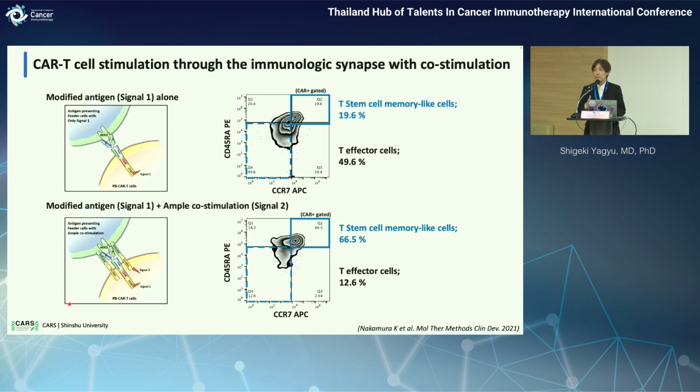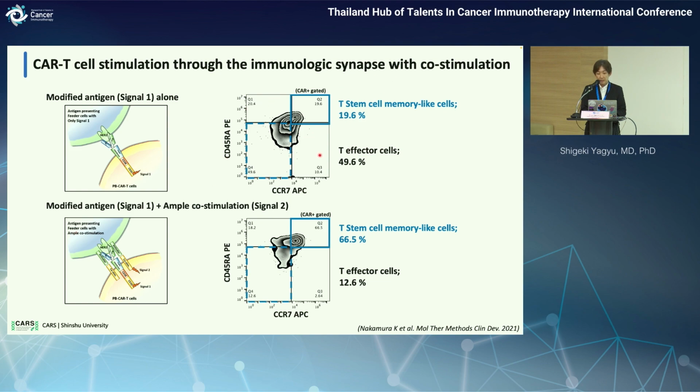Obviously, to maintain the memory phenotype of CAR T cells, co-stimulation would be very important. Actually, we stimulated CAR T cells by PBMC-derived feeder cells expressing only the modified antigens or together with ample co-stimulation.